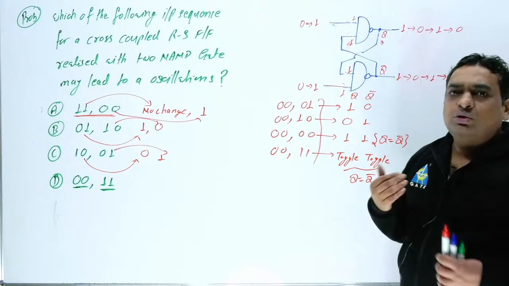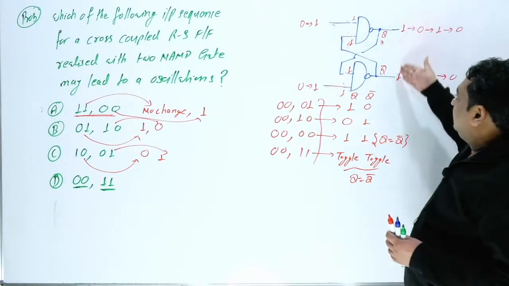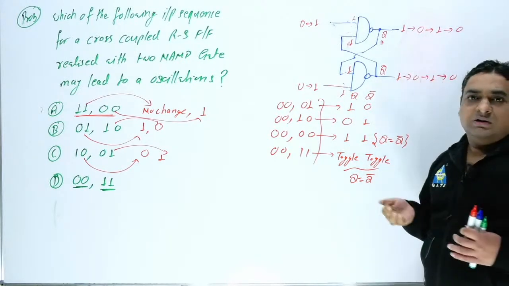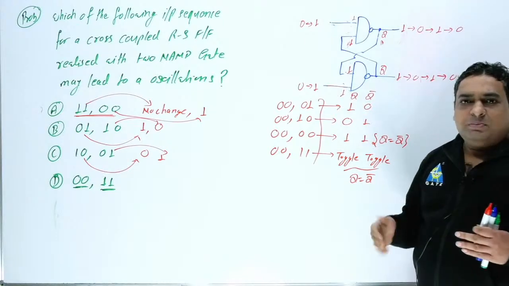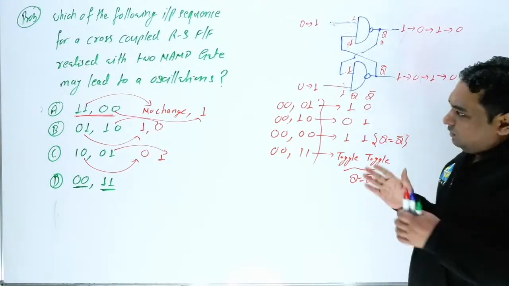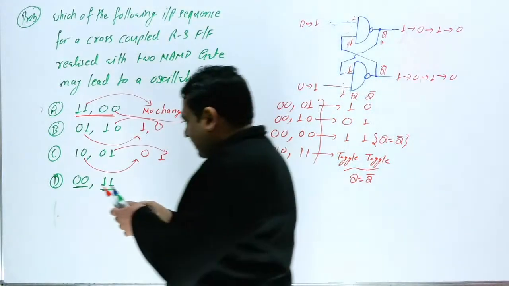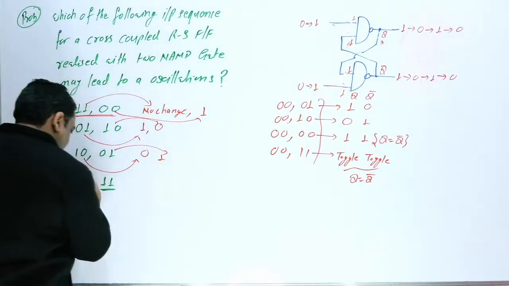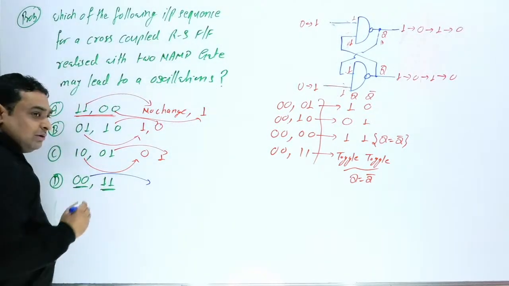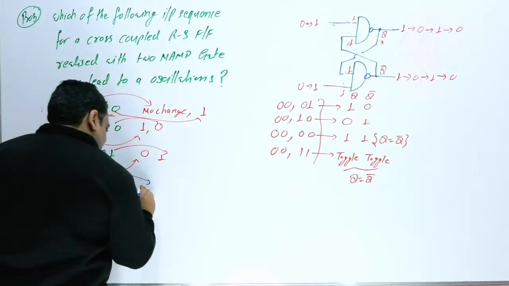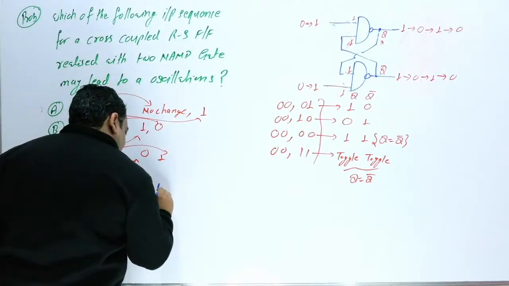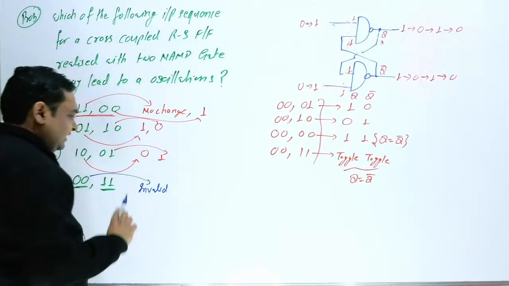First we are going to create an invalid state, means Q and Q bar are the same. Then we are applying the input for no change. So first you are applying 0, 0, what exactly are you getting? We are getting an invalid state.